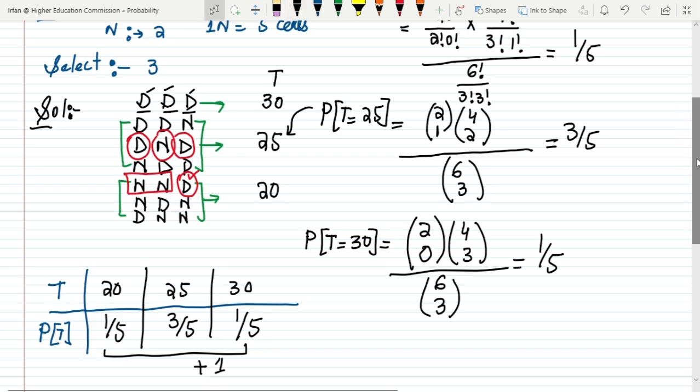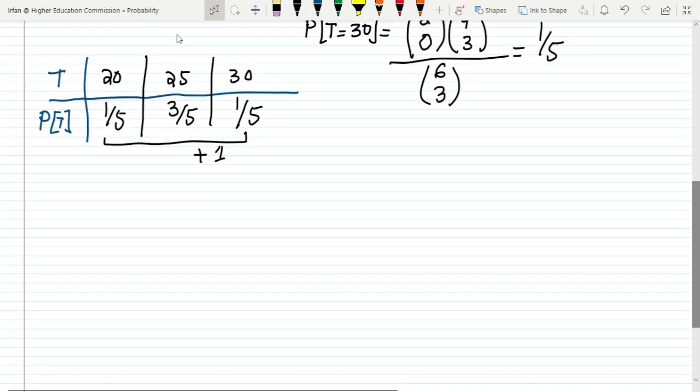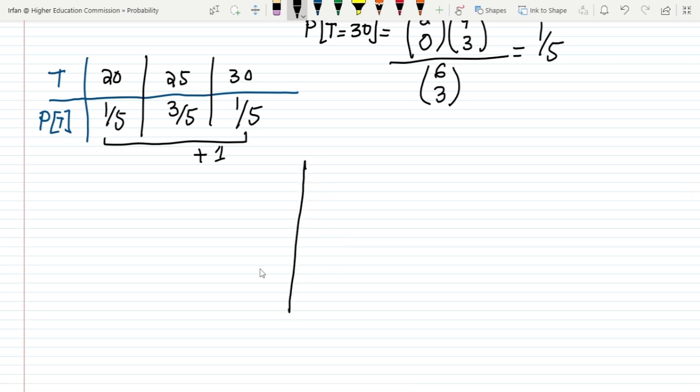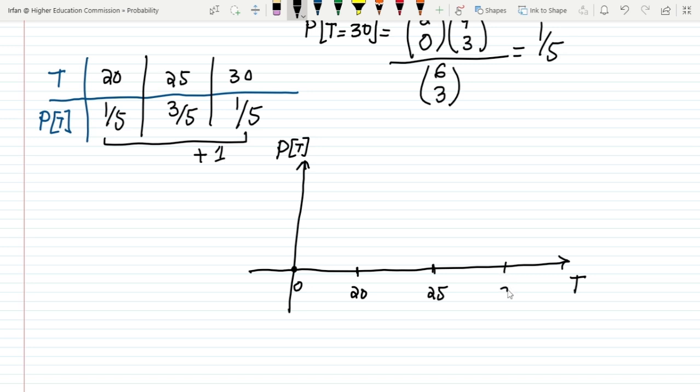So let me also draw it here as well. This is the random variable t, and this is the probability of t. Also we have some values here. Let me have here 0, let me have 20, this is 25, and this is 30.